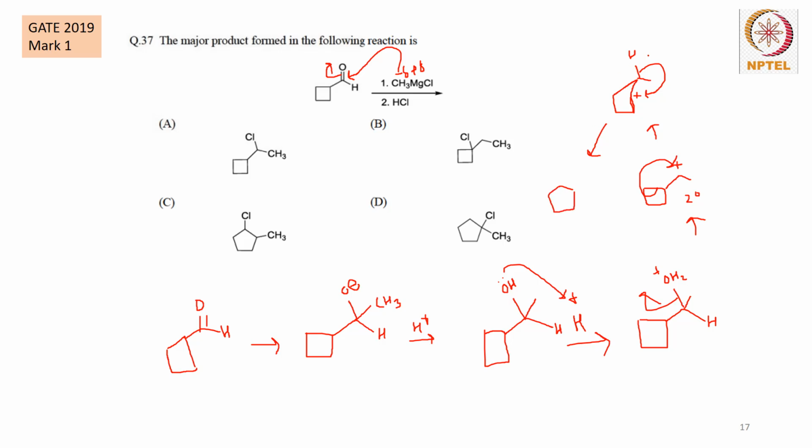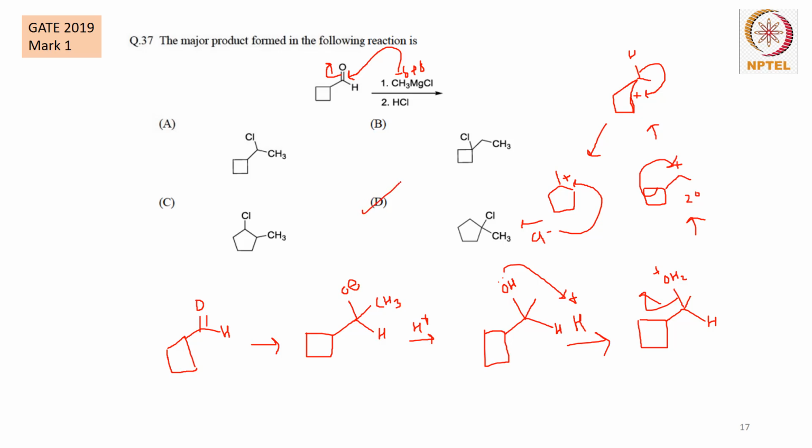So this hydrogen is shifting, so this center is now electron deficient. And as we have taken H plus, there is a Cl minus in the system. So this Cl minus will attack this positive center and we get our product. So the answer will be D.